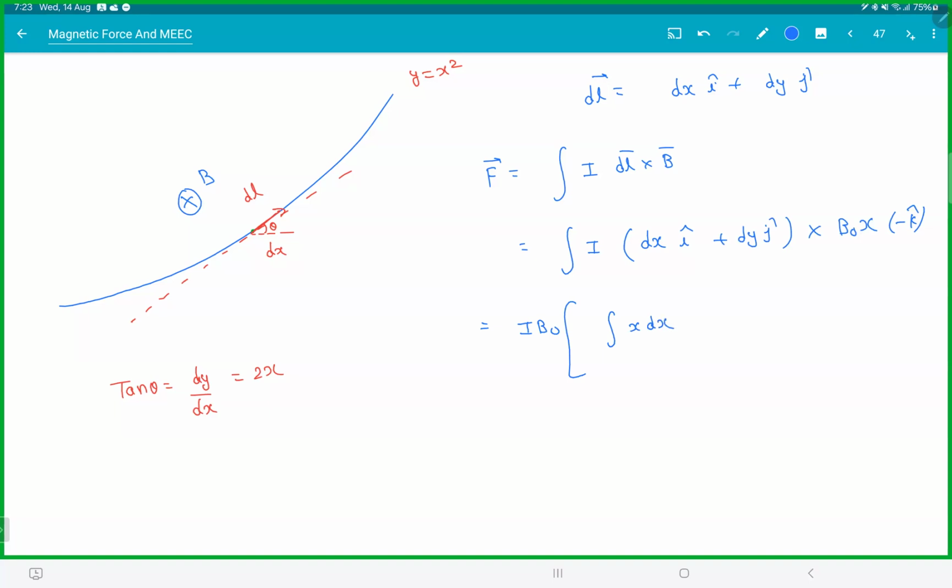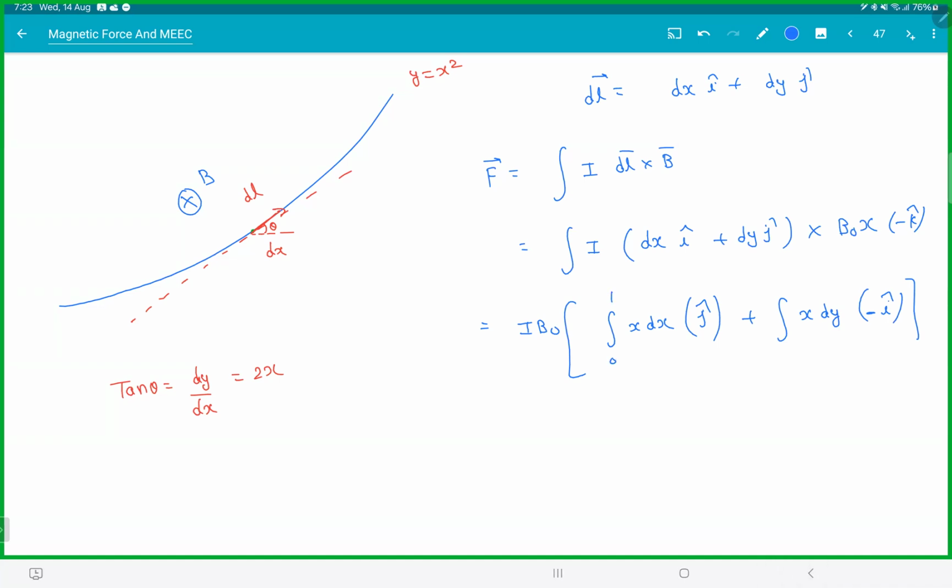What is i cross minus k? I cross k, this would be j cap, plus integral x dy. j cross k, that is minus i cap. ठीक है? This to limits 0 to 1, I'll get it.